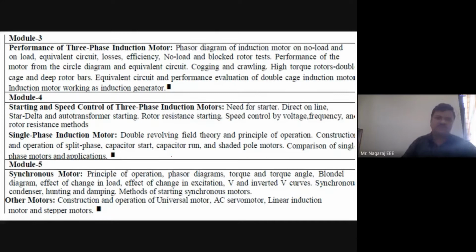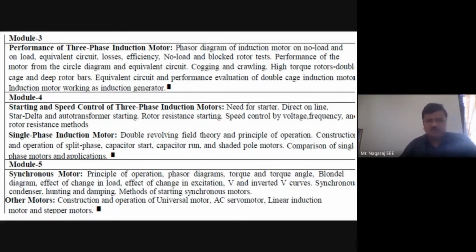That is the biggest advantage why induction motors have been chosen as the workhorse of the industry. Induction motors are known as the workhorse of the industry. Then in module 4, we study about the speed control of three-phase induction motor and single phase.